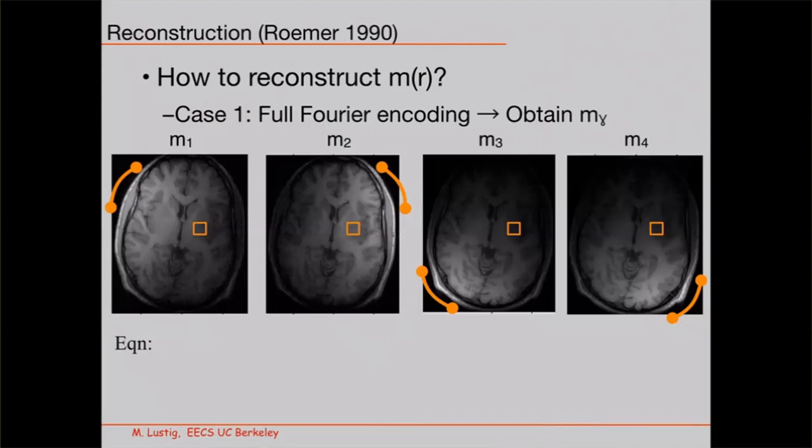Let's look at the situation where we're going to try to reconstruct the magnetization image, without the weighting. In case one, we're going to look at what's called a full Fourier encoding. That means we could take the k-space from each one of those coils, compute an inverse Fourier transform, and get an image from each one of those coils.